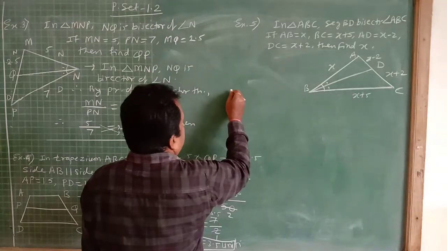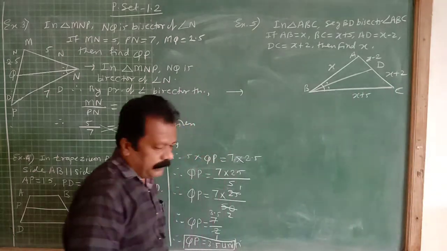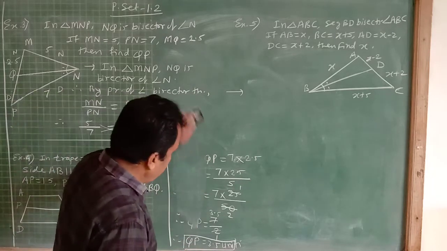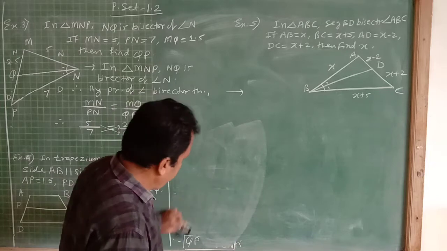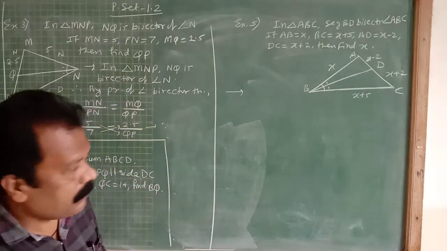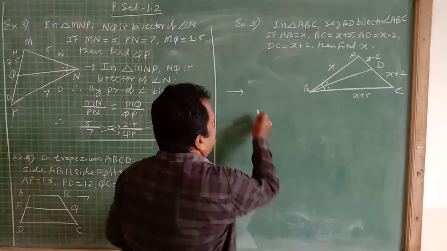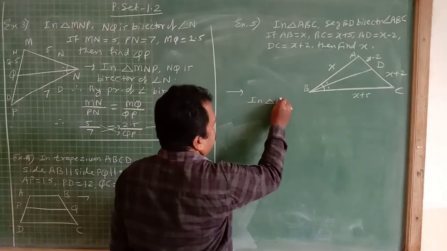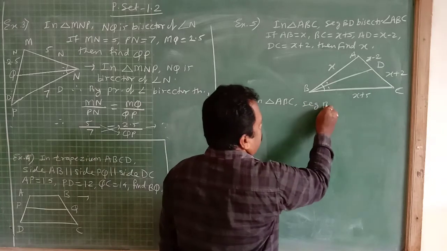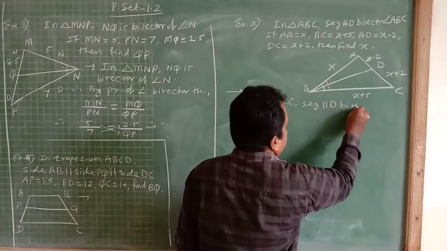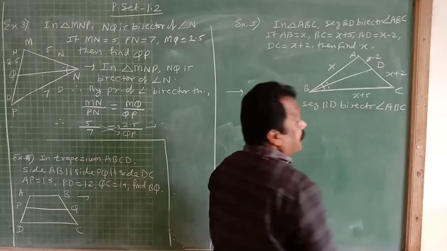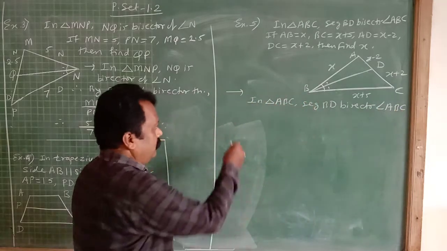Now, how to write the solution. In triangle ABC, segment BD bisects angle ABC.